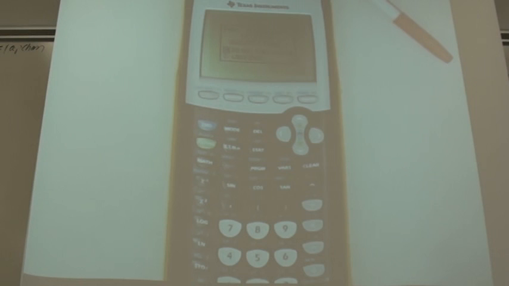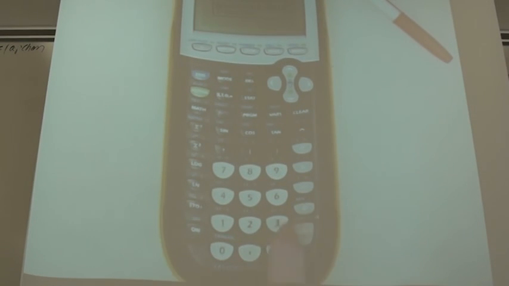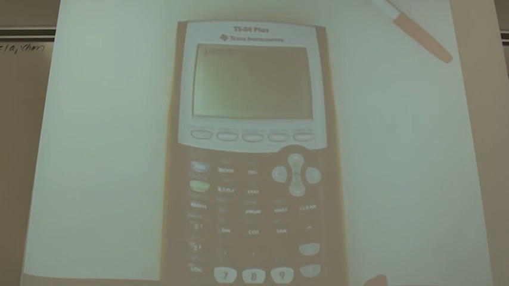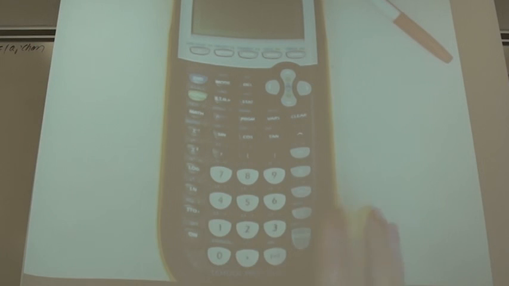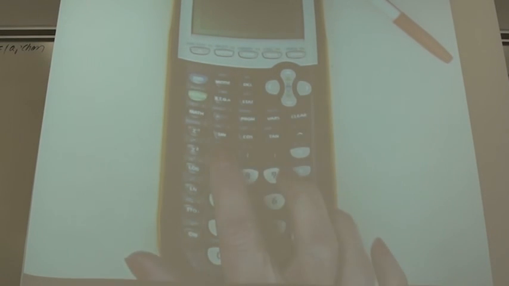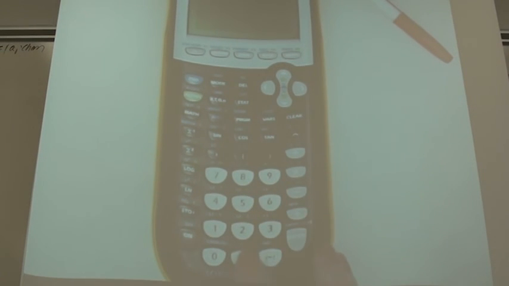In order to do that, this is how you would put it in your calculator. The negative log, so that's what you should see right now. And then you add the number. Let's remember how we add an exponent. The coefficient first, second, EE gets you to put the exponent in, -2, close parentheses.